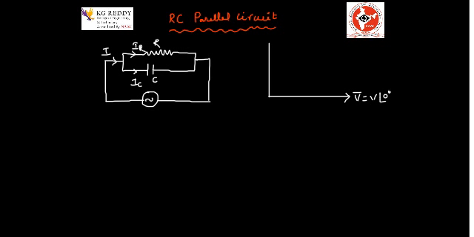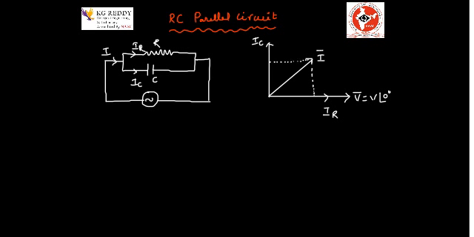Now this is my IR. Because of the resistance, both are in phase with each other. This is the capacitor current IC, leading by 90 degrees. Now the resultant of these two I can get somewhere here. So this is my resultant, I bar.